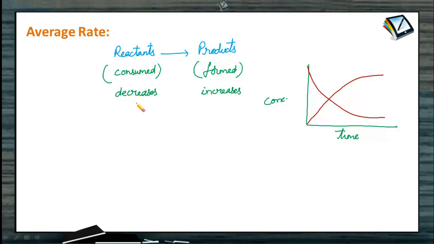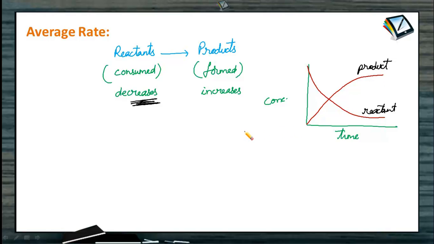Along with the time, the concentration of the reactant is decreasing, isn't it? So this will be the variation of concentration of reactant with time, and this will be the variation of concentration of product with time, where the concentration of the product is increasing along with the time.